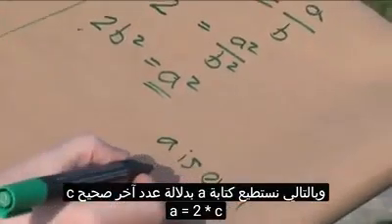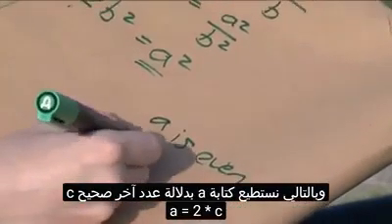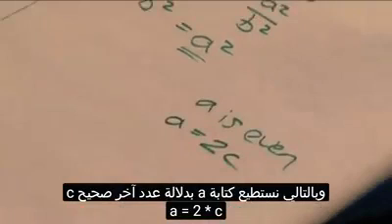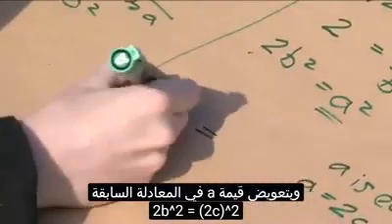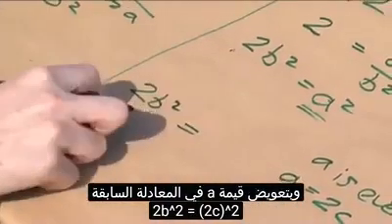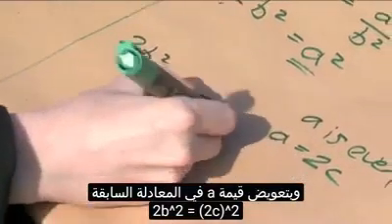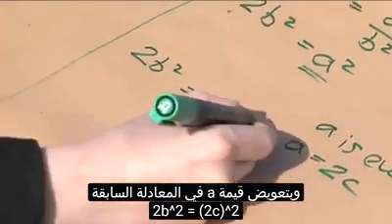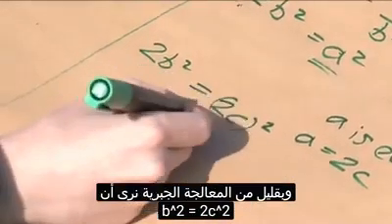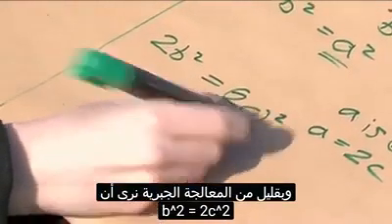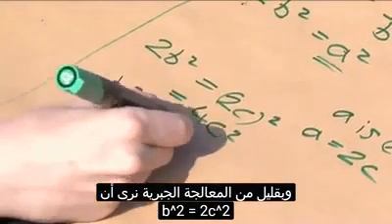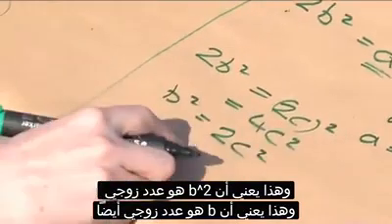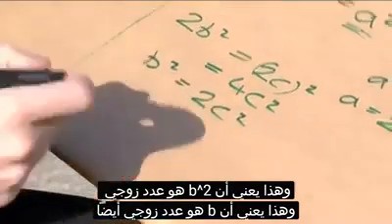Let's call it something else. Let's call it a equals 2 times c. Okay, so what do we have now? 2b squared on the left hand side equals 2 times c, because it's even, squared. This is equal to 4c squared. In other words, I'm saying b squared is equal to 2c squared. Can you see that? b squared is even.